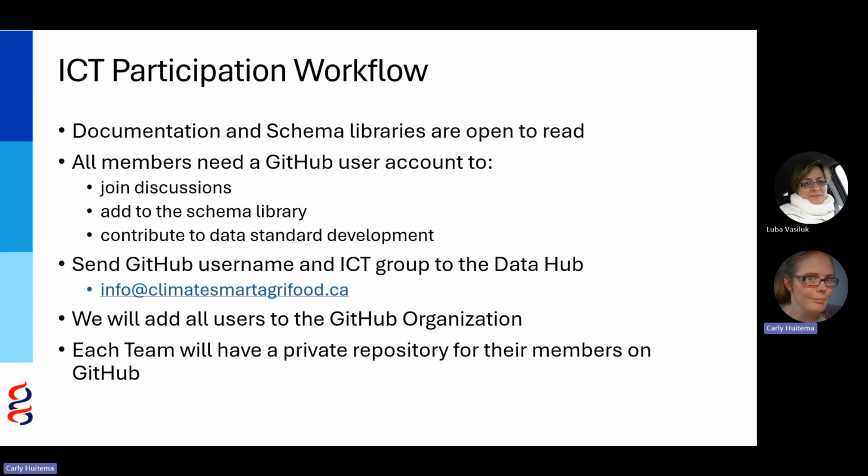Google Translate works reasonably well for me. Then we will add all the users that we get into the GitHub organization, and that way you can have access to the different repositories. Each time you send your GitHub username with an ICT group, I will also give that group access to the private repository for those ICT members, whether you want to use it or not.